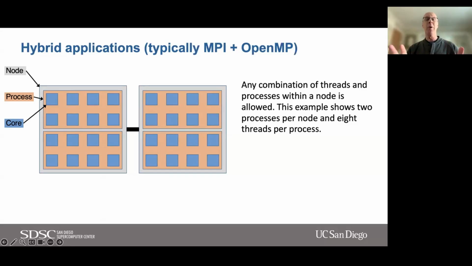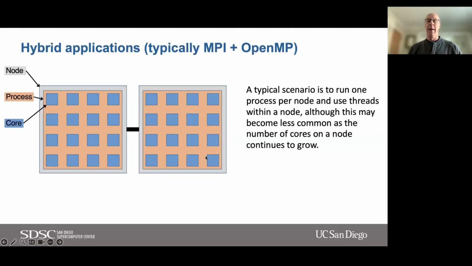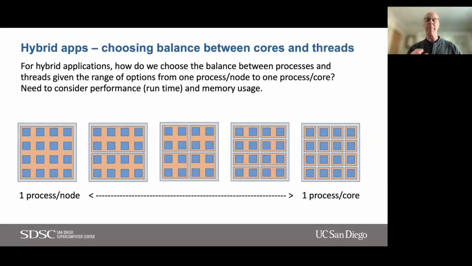What we're seeing more and more of today, though, is a combination of threads and processes within a node. So here we show 2 processes per node and 8 threads per process. The old scenario was to run 1 process per node and threads within a node, but this is becoming a little less common as we're getting more and more cores within a node.